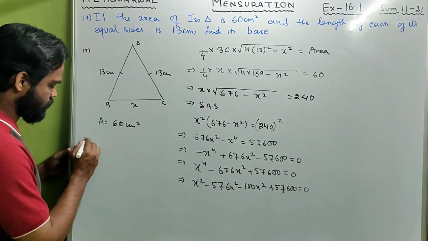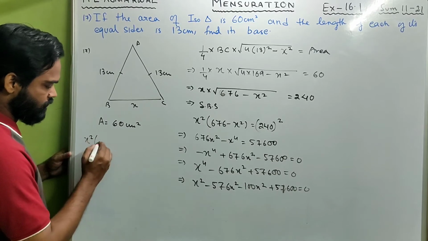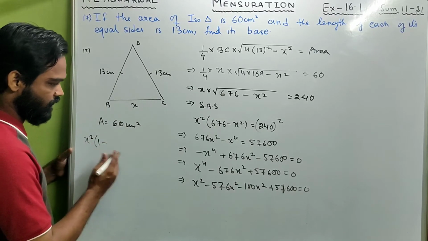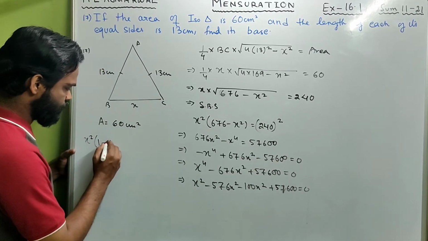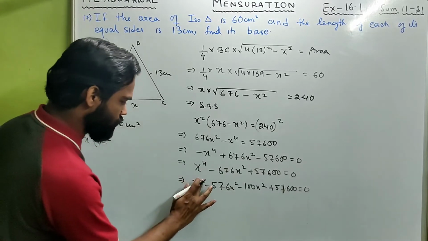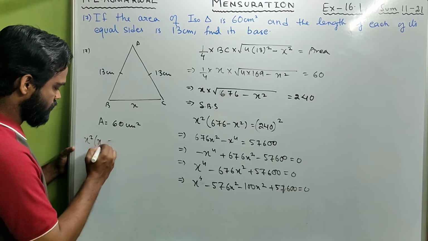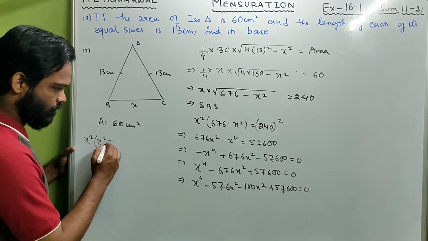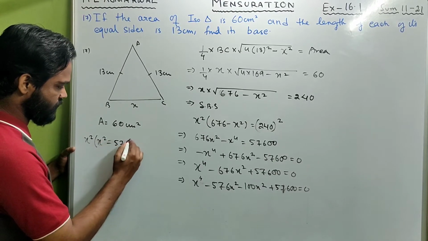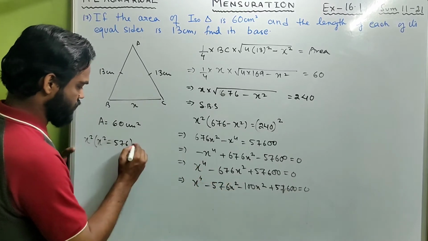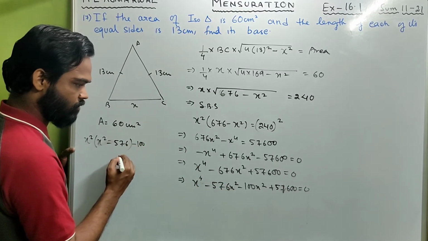Now we'll take x square common, so this becomes x to the power 4. So this becomes x square minus 576, and over here minus 100 taken common.